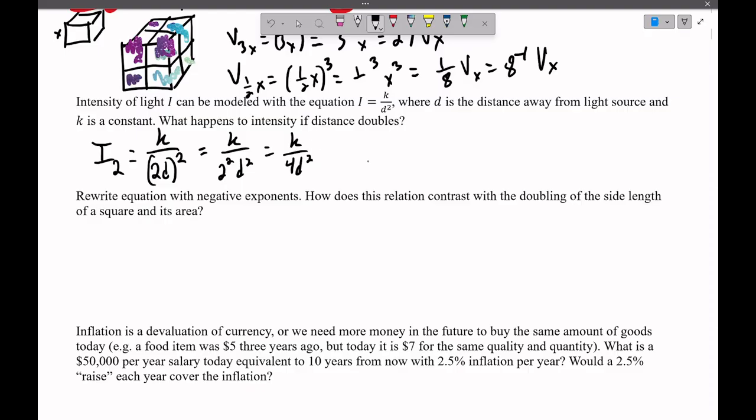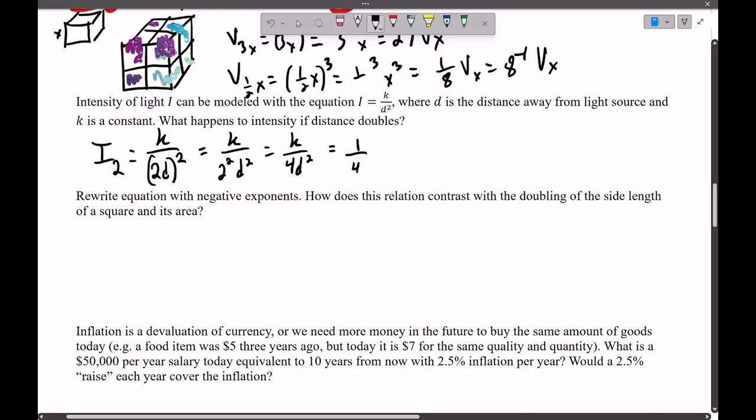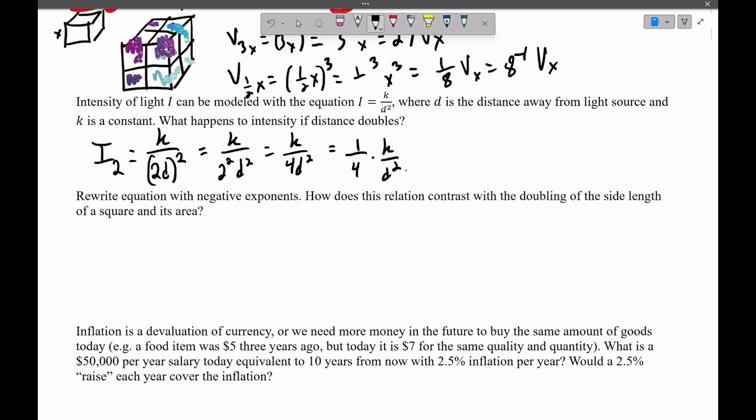Let me write it like this. I can break up the fraction if it helps, like this: 1/4 times k over d squared. Right? When you're multiplying fractions together, you just go straight across top and bottom. So if I multiply this out, I do in fact get back to this.